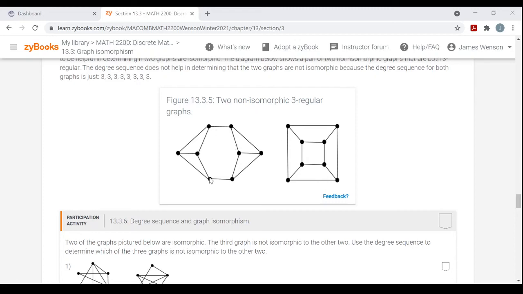Look in the middle. Look at these 6 vertices in the middle. See how they form like a 6 cycle? A hexagon. So if I was looking at an isomorphic graph, the vertices that these all map to, their corresponding edges should also form a 6 cycle or some sort of hexagon. Do you see any 6 cycle here? I mean, I see a bunch of 4 cycles.